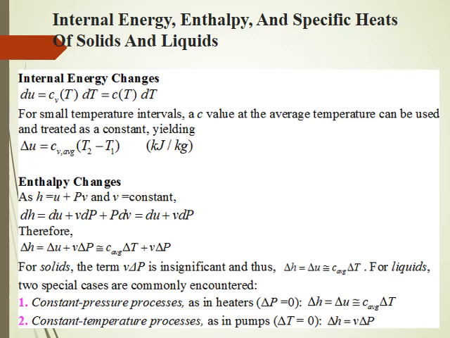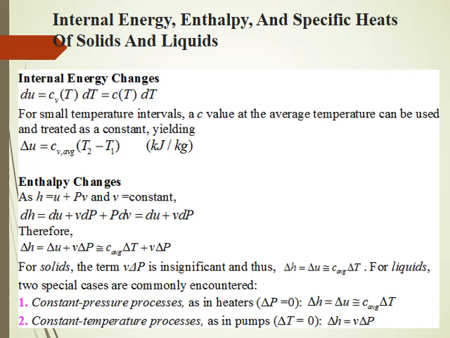Similarly, as in the case of ideal gases, the specific heats of incompressible substances, that is solids and liquids, also depend on temperature only. So the partial differential in the defining equation of Cv can be replaced by an ordinary differential, and thus we can write dU is equal to C dT, where C is a function of temperature.